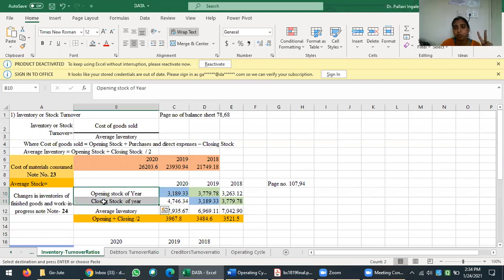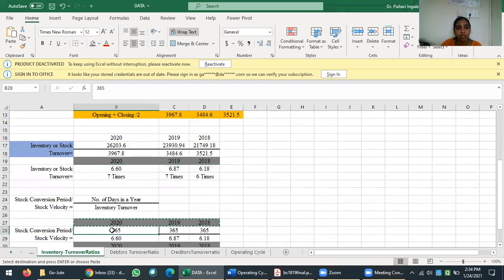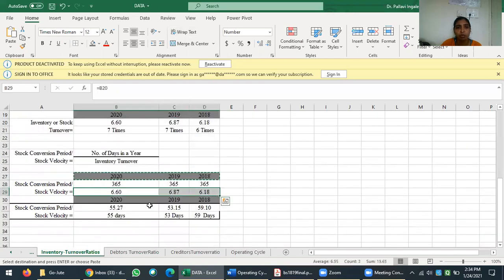Average means what? Sum of the 2 divided by 2. The same I have done here with the yellow. Okay, and you have to apply the formula, calculate the number of times. 365 days divided by the number of times, you will get the number of days. For calculating the number of days, remember the mathematical interpretation. As per that you have to do.